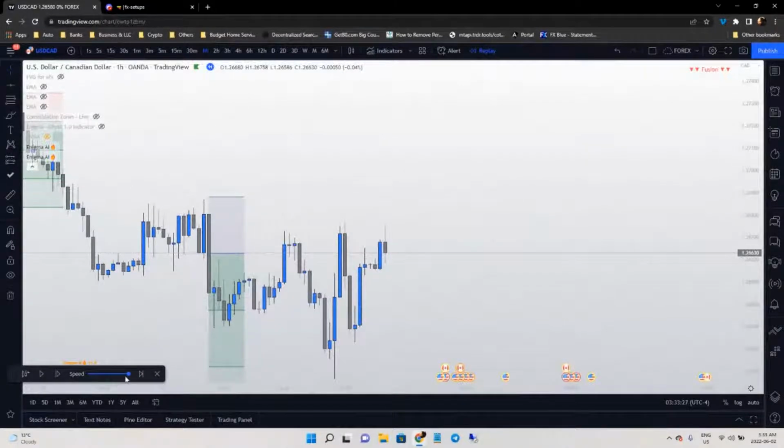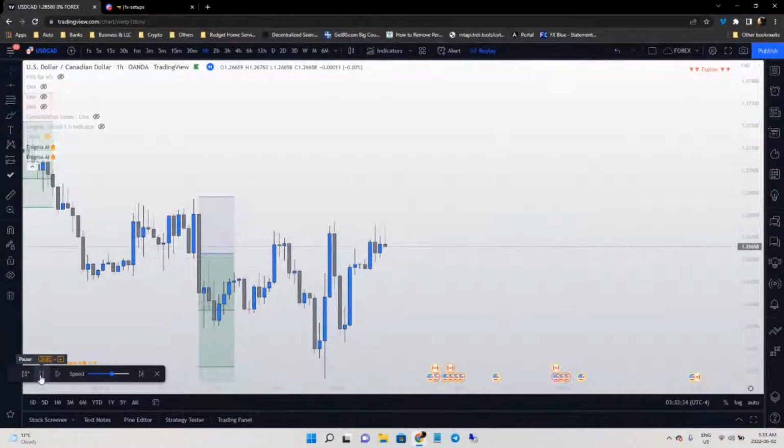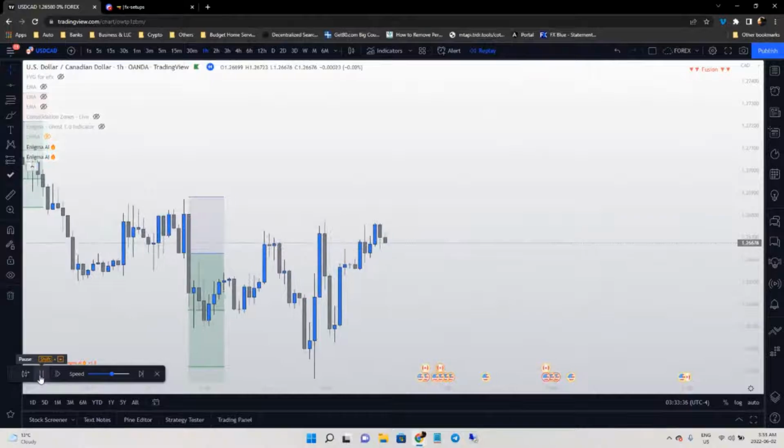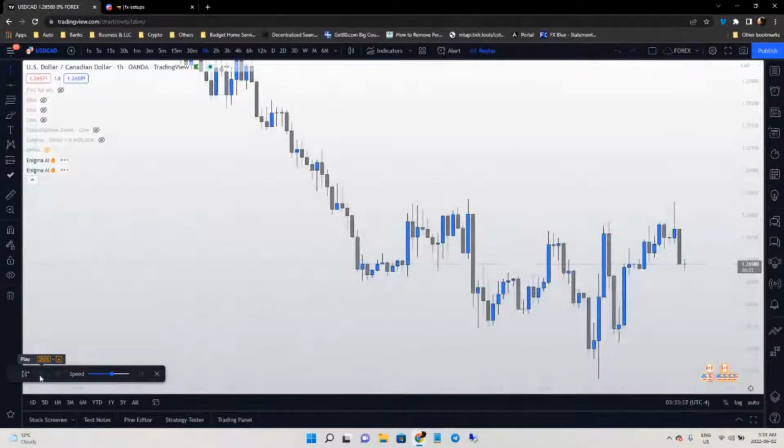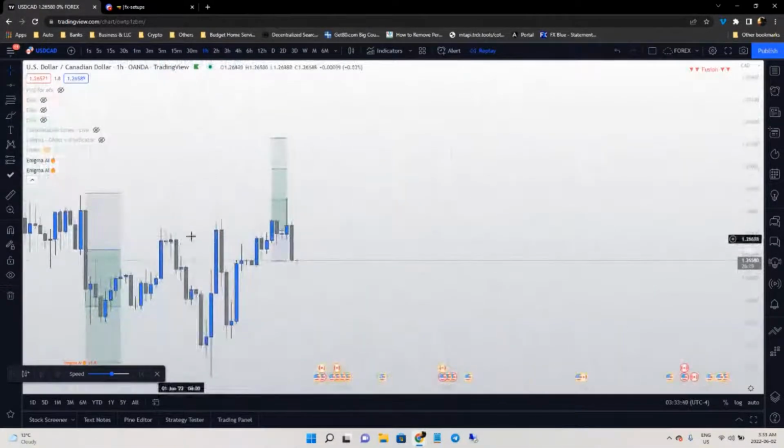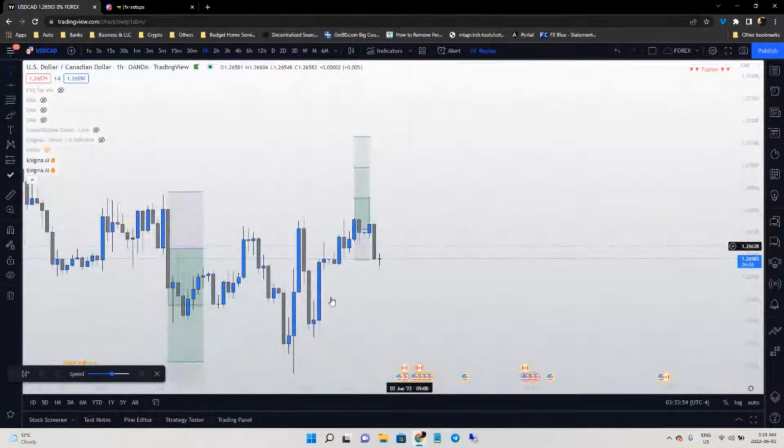Okay, so let's slow the speed. Yeah, so based on Fusion, at that point when the trade idea was sent out, it was still a bearish overall trend for this pair.